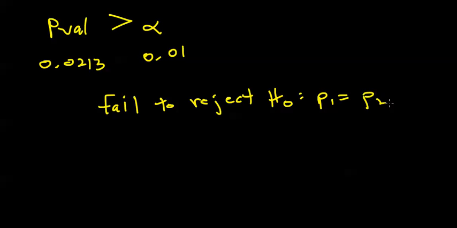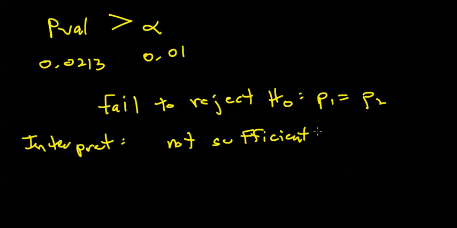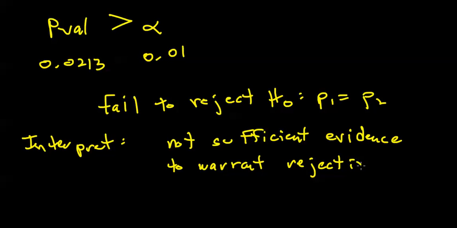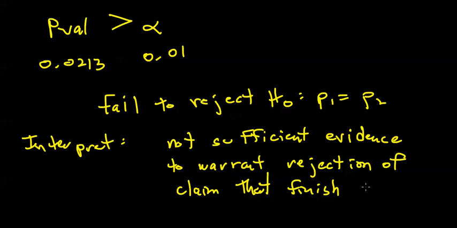Alright, so if we fail to reject the claim that the men finish rate is the same as the women finish rate, we can write a brief interpretive statement that says there's not sufficient evidence to warrant rejection of the claim that the finish rate is the same for men and women.